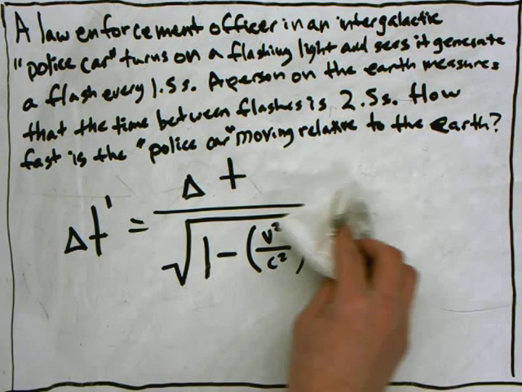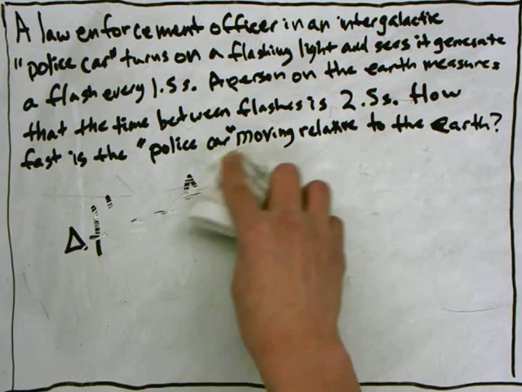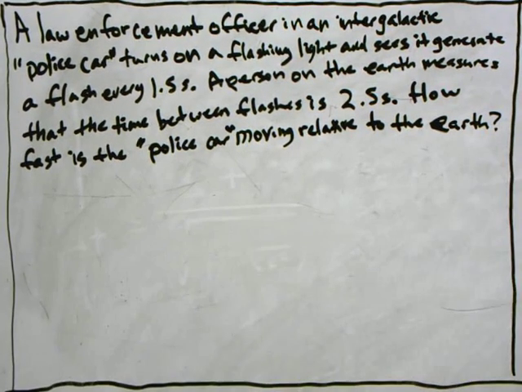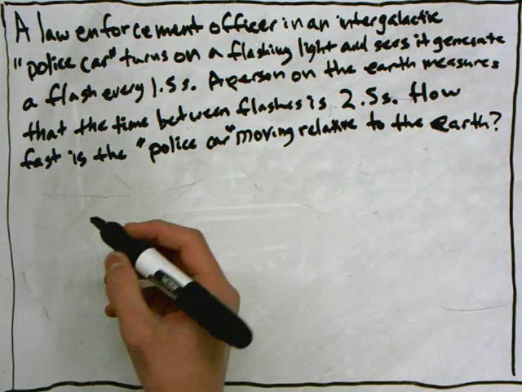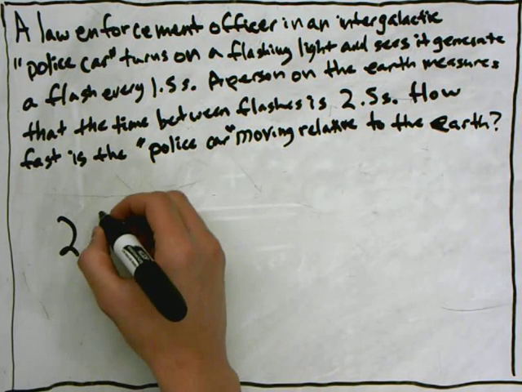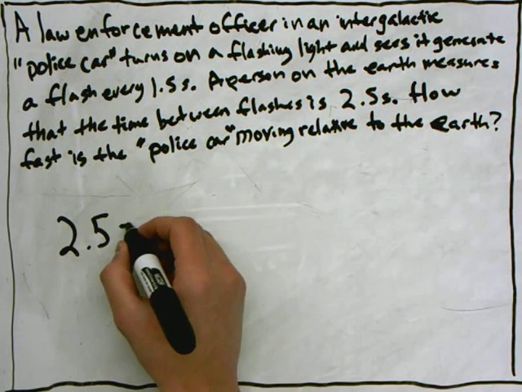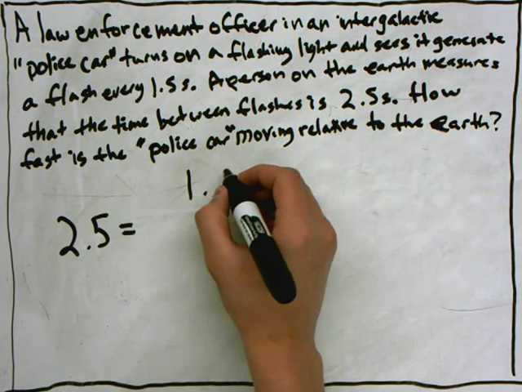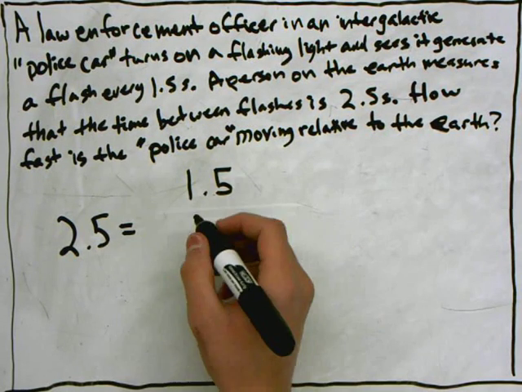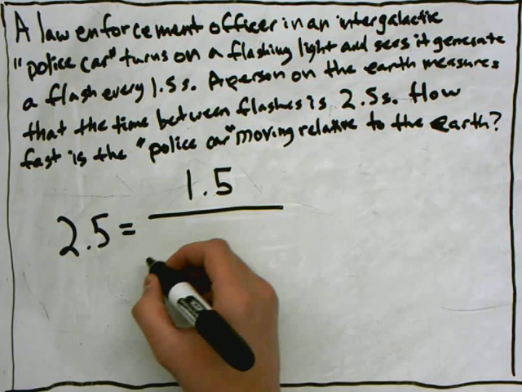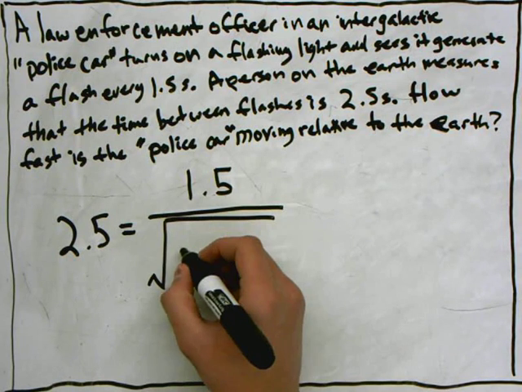Alright, now we're going to plug in values. We have 2.5 seconds equal to 1.5, and it's a ratio, so it doesn't matter if we use minutes or seconds, over the root of 1 minus v squared over c squared, because that's what we're trying to find.